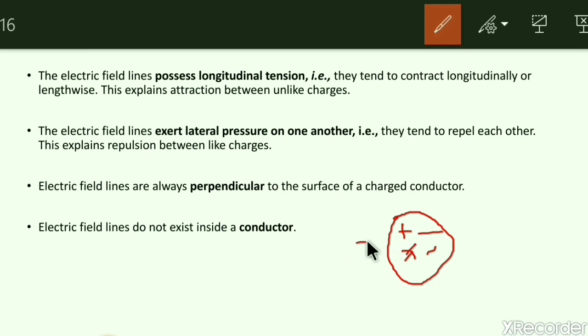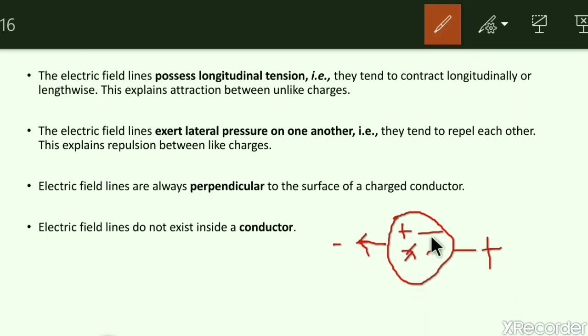Suppose you apply an electric field from outside, assume this is the negative side and this is the positive side. Then you know already from the properties, field lines start from the positive side and end at the negative.